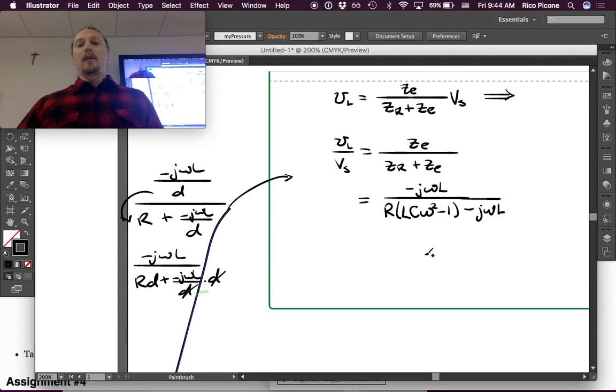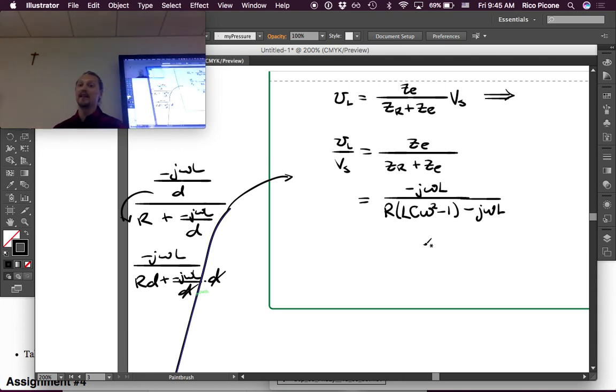So, okay, we're almost done, but we should rewrite this. We still have a fraction of phasor mixed with regular. Well, actually, they're both rectangular, but they're both complex numbers, right? So we want to get it in terms of a magnitude and a phase eventually. And there are different ways of combining these.